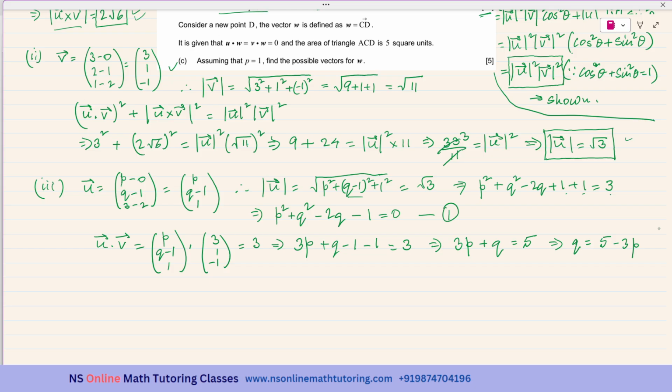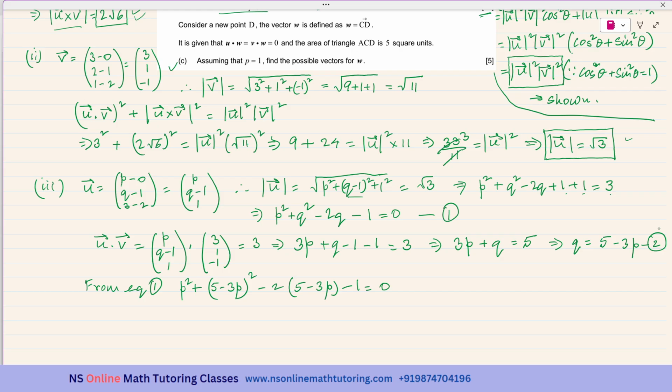This is equation number 2, and from here I am substituting the expression for q in the first equation. From equation 1, it is p square plus (5 minus 3p) whole square minus 2 times (5 minus 3p) minus 1 is equal to 0.